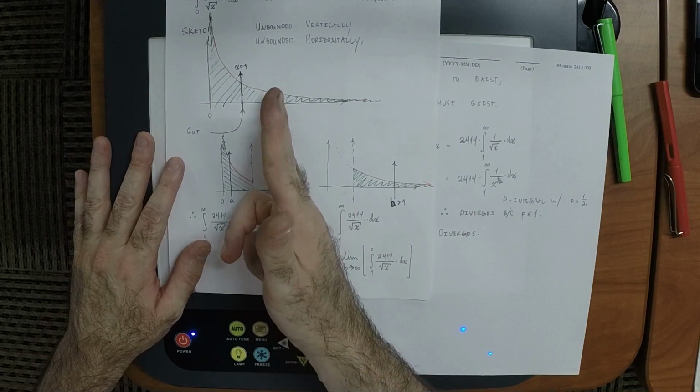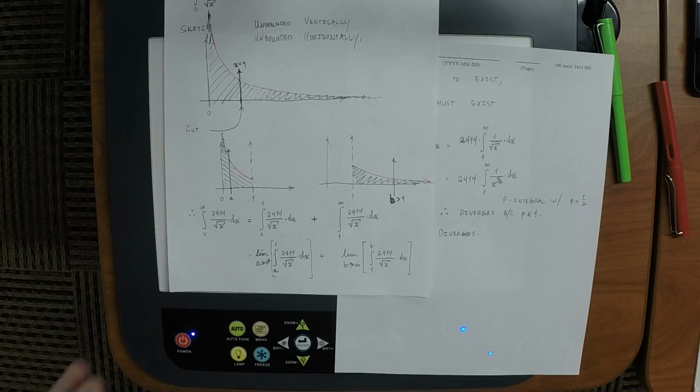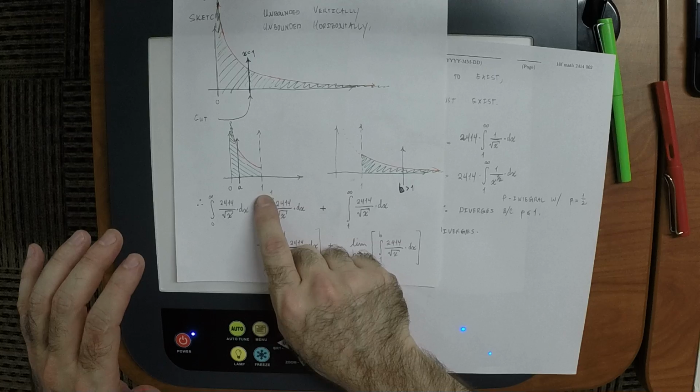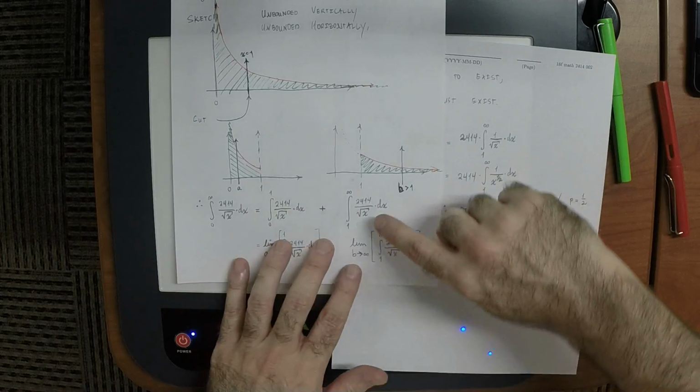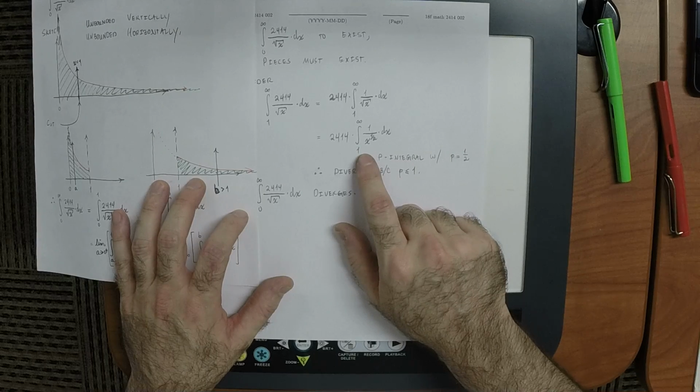Because I only cut away a finite piece. But usually when you make such cuts, it's a good idea to make them at 1, so that you can basically quote the P integral result.